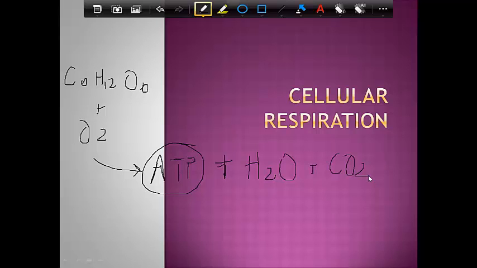This equation says nothing about the amounts of these products that we make, but it does talk about, in general, what goes in and what comes out of the particular reaction.